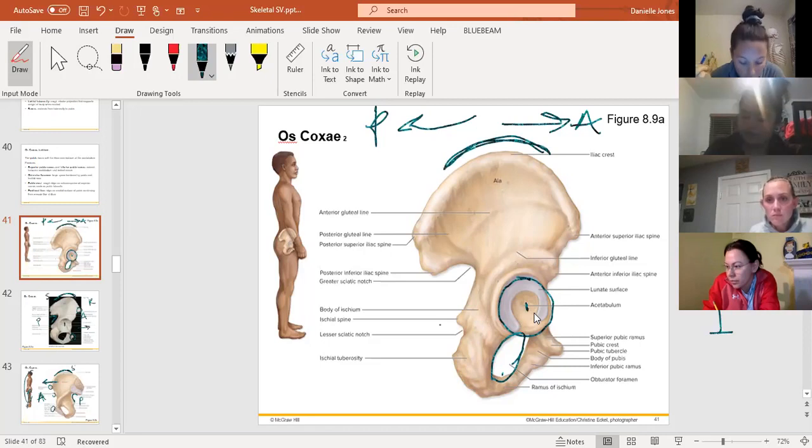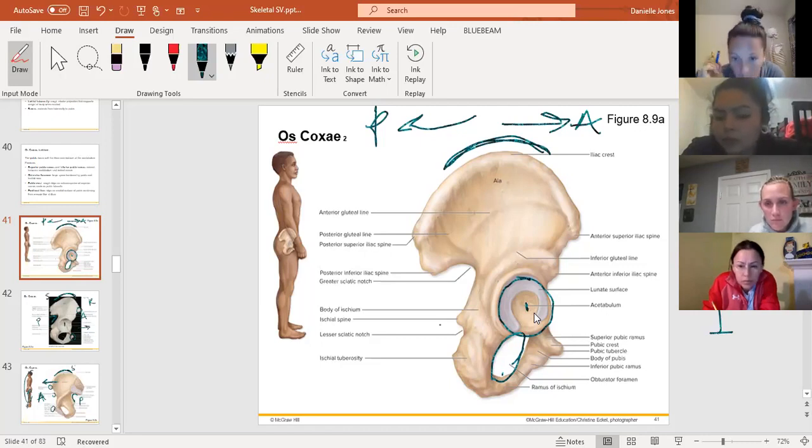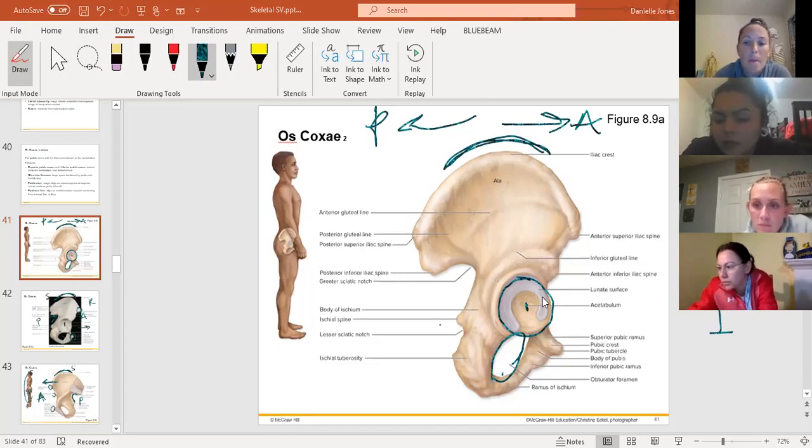Now there's a few structures that we're going to go through in order from here. I'm going to start at the top on the ilium. When we look at these, we're basically going to do the anterior side and wrap around.